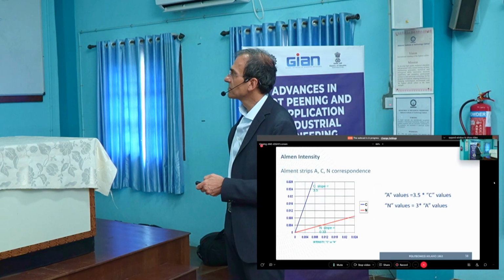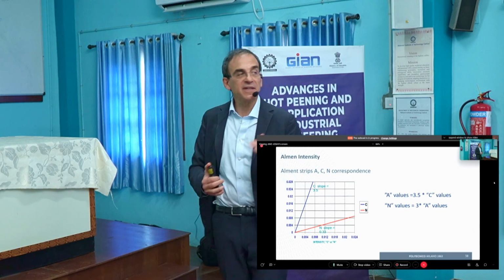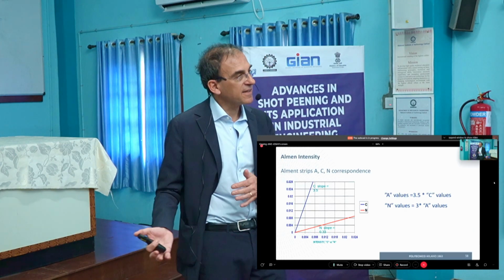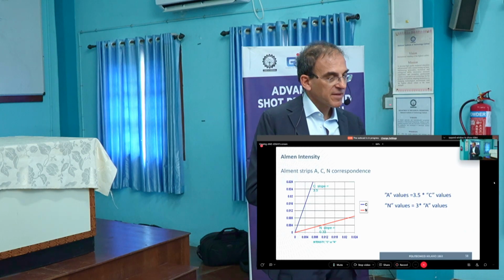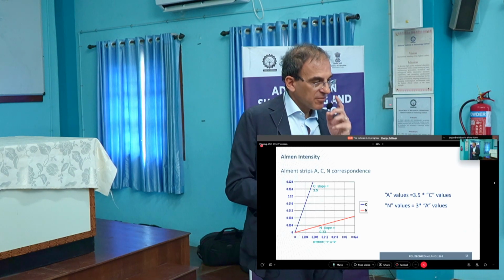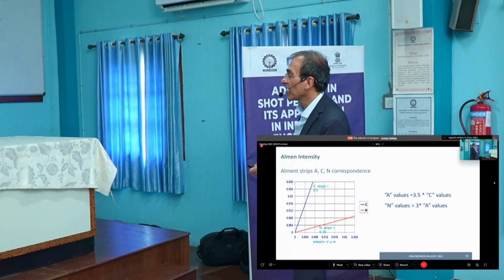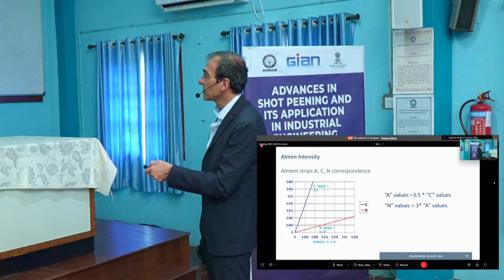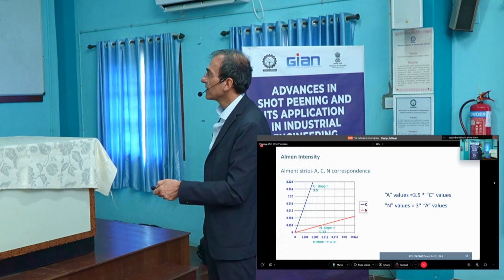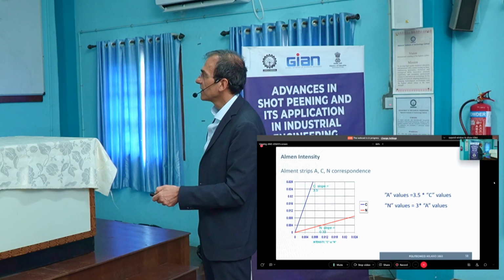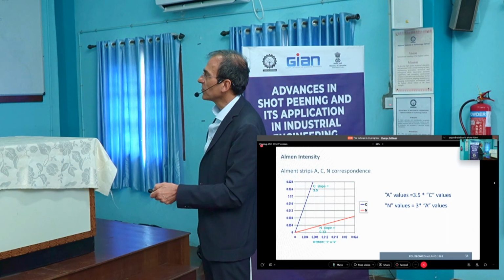Okay. Now the correspondence between A, C, and N strips. What is represented in this graph? Here we have two curves, N and C, against the Almen A strip values.